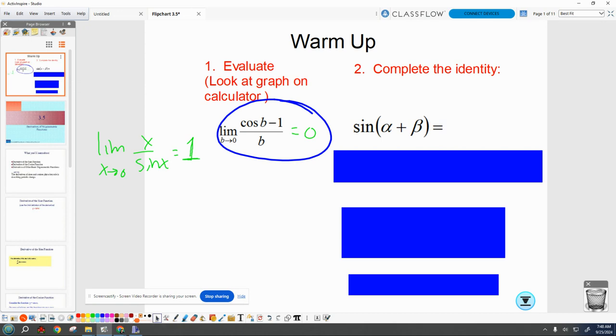Most calculus teachers do not know the expansion of sine a plus b. But do any of you remember it from pre-calc? Yeah, I don't know the little jingle thing.